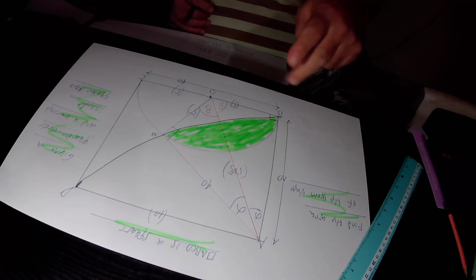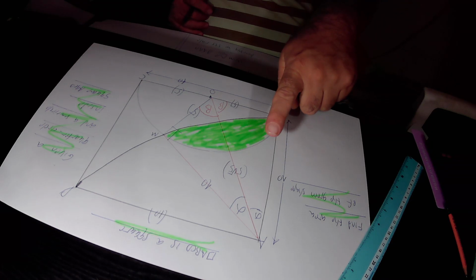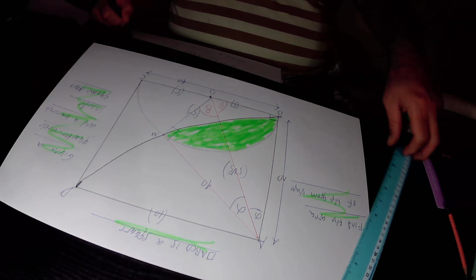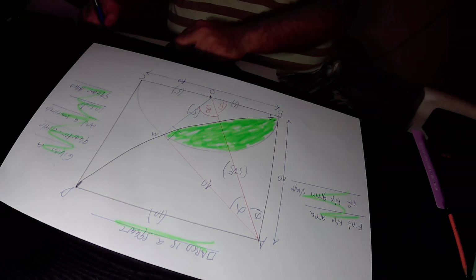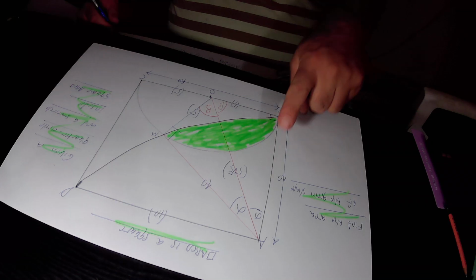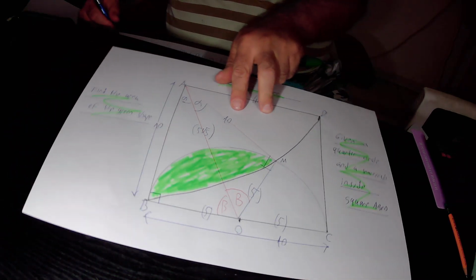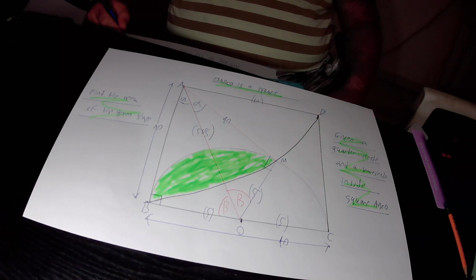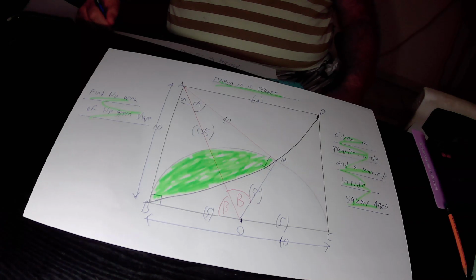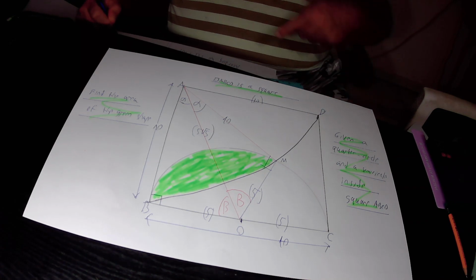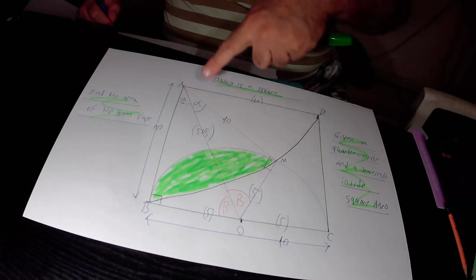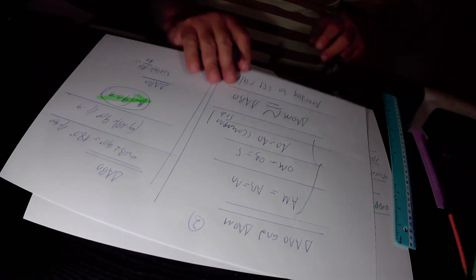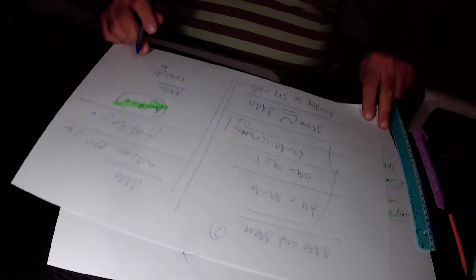So if we focus on the right triangle ABO, sine alpha equals BO over AO.